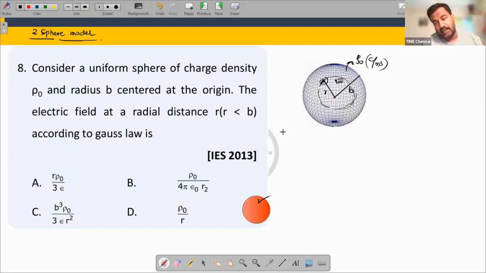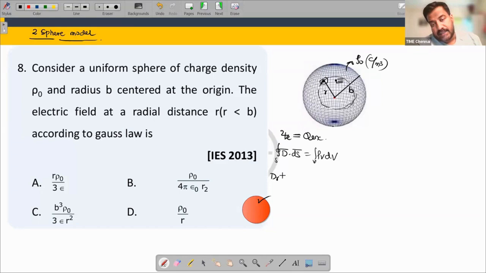So again, Gauss law: psi e is equal to charge enclosed. Psi e is closed surface integral D dot dS, equal to volume integral of rho v dv.